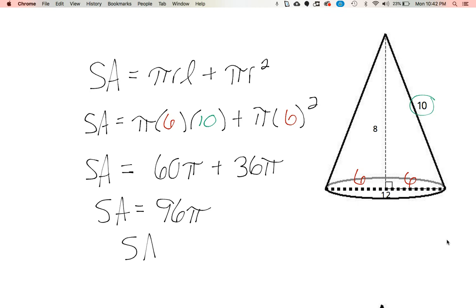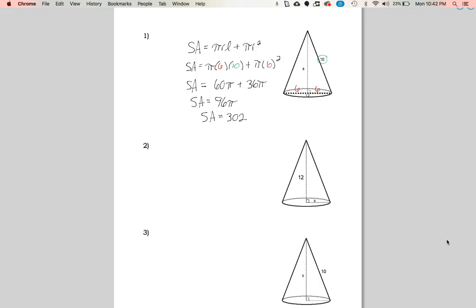And in some instances, it's perfectly fine to leave your answer like that. 96 pi is 302 when rounded. 301 if you use 3.14, 302 if you use the pi symbol. In Schoology, I do enter in both versions as acceptable answers.